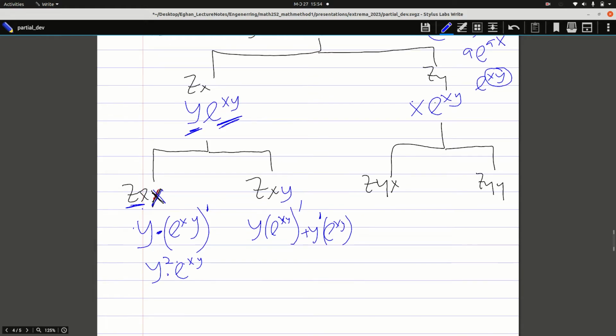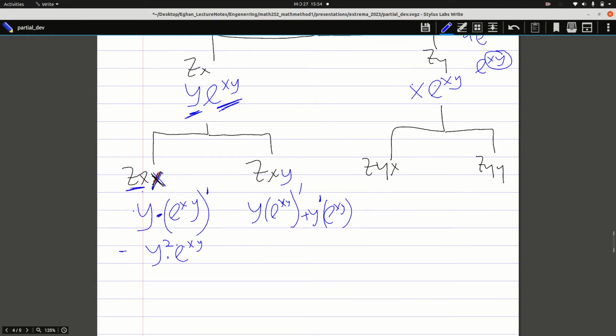Simply, if I differentiate with respect to y, I'm going to get yx e^(xy) plus, if I differentiate y, I get 1 times e^(xy). This is what I'll get.